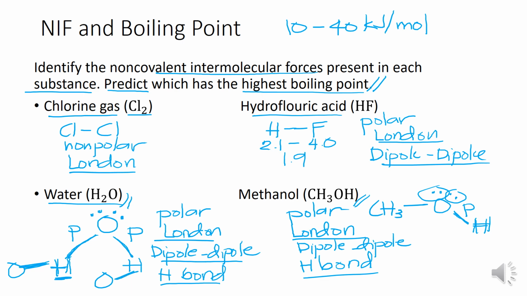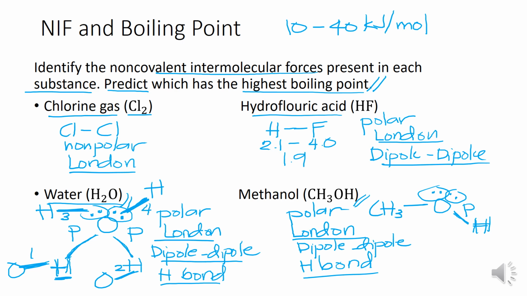Next, each of these lone electron pairs will be attracted to a hydrogen atom from another water molecule, and the same is true of this other lone electron pair. So in water we have one, two, three, and four hydrogen bonds.